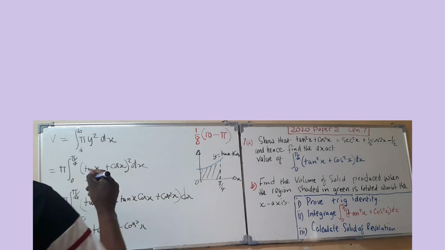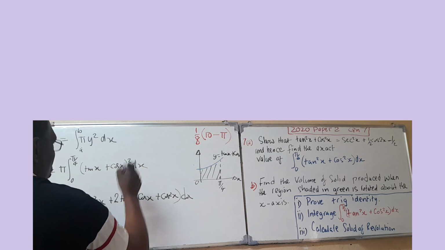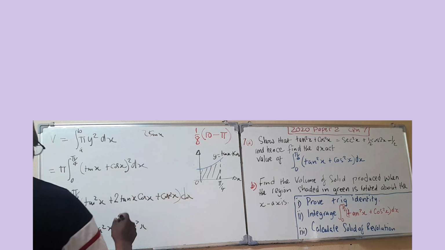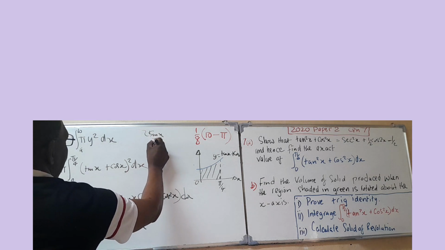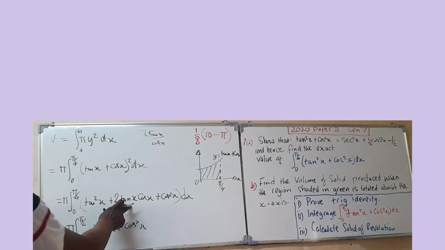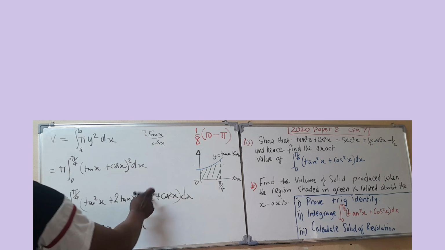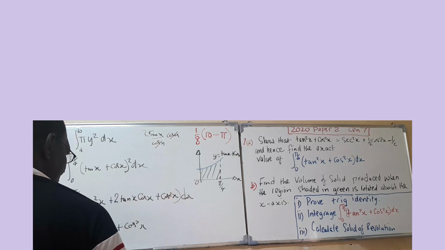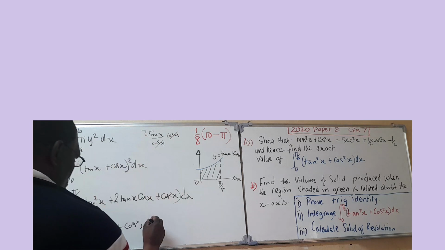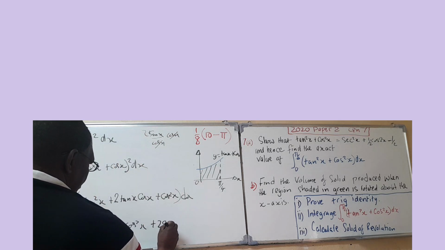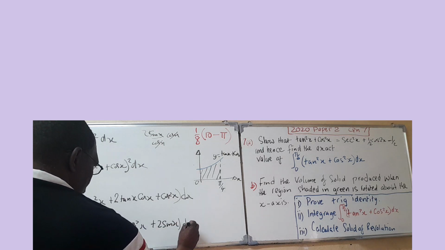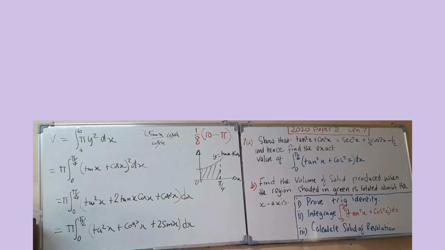Tan of x, of course, we know it's sine x over cos of x, so this will be 2 sine x over cos of x for my tan of x, multiplied, of course, by this cos of x. And the cos cancels out, and I'm left here with just 2 sine of x with respect to x.